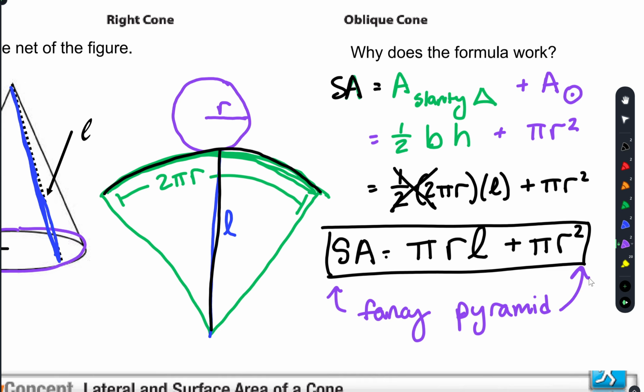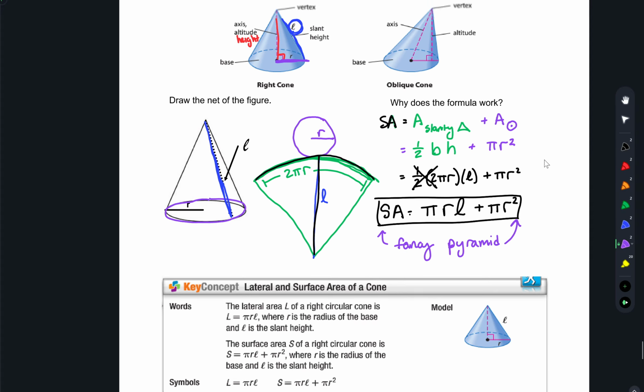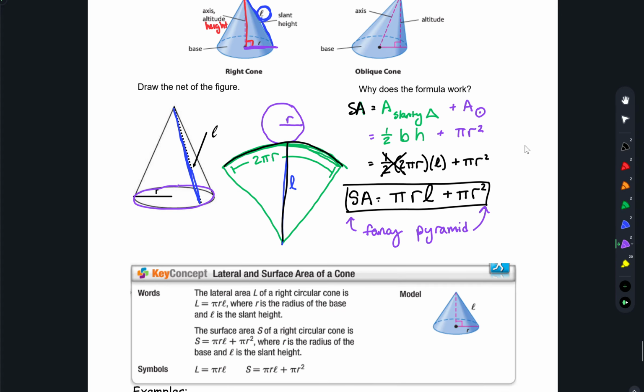It's a fancy pyramid where instead of P for perimeter, we use the circumference formula. Instead of big B for the area of whatever base we have, we know that the base is a circle, so we can use pi r squared. But again, fancy pyramid. Any questions on that so far?